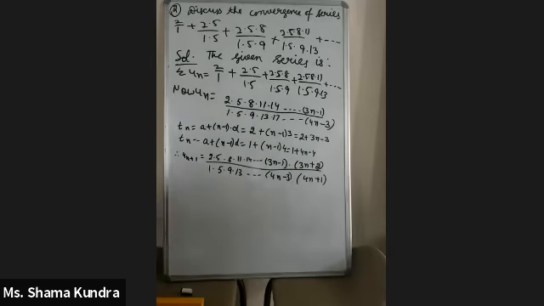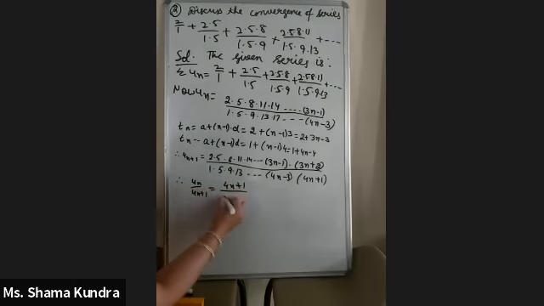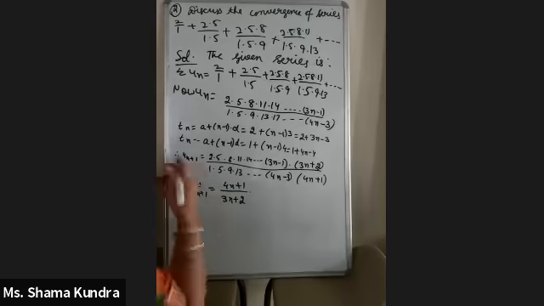Therefore, un upon un plus 1 is 4n plus 1 upon 3n plus 2.